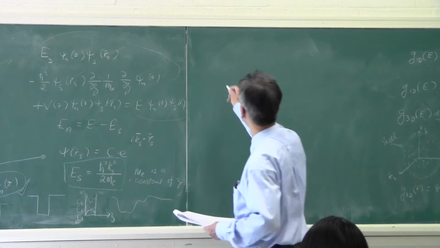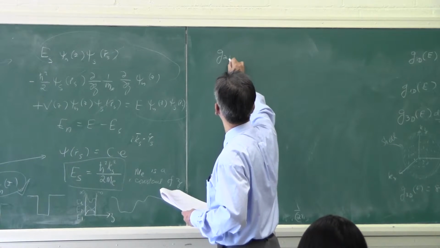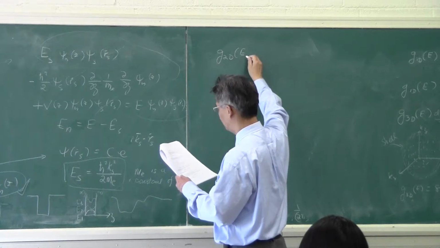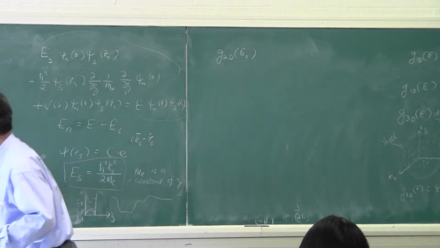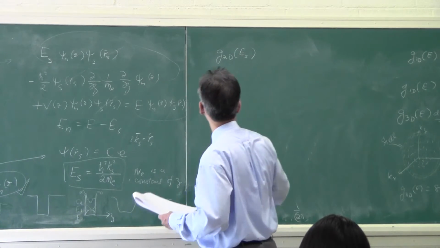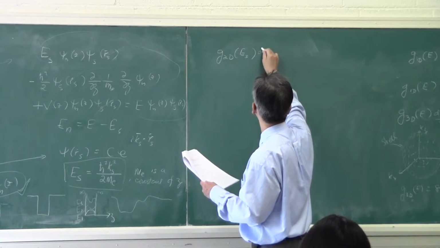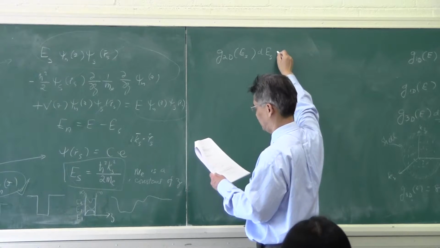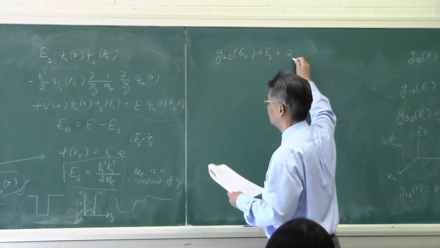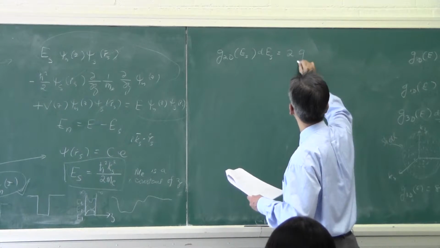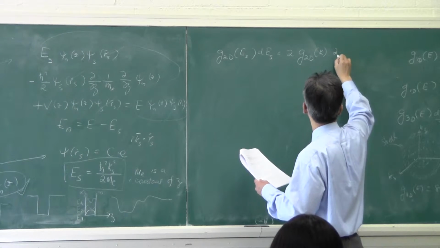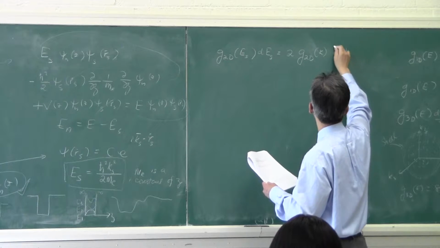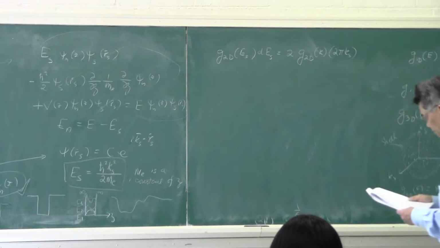So actually I can find in the 2D direction what the density of states is in the Es variable. I think of this as just a 2D problem. I need to find this density of states. Then it will be given by the density of states in the 2D problem in k space times 2 pi ks.